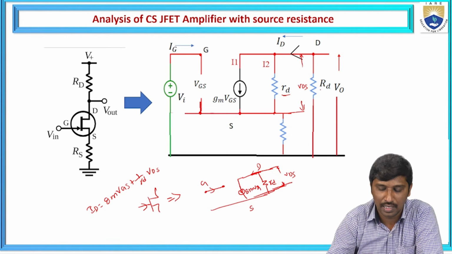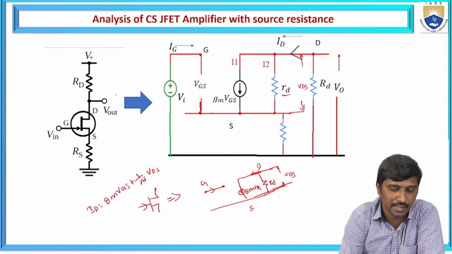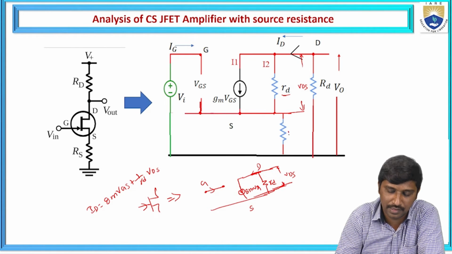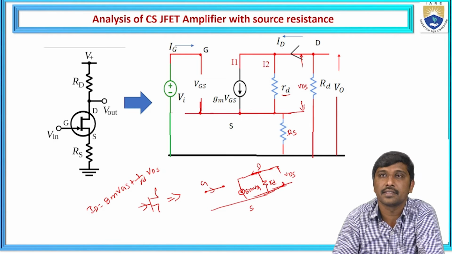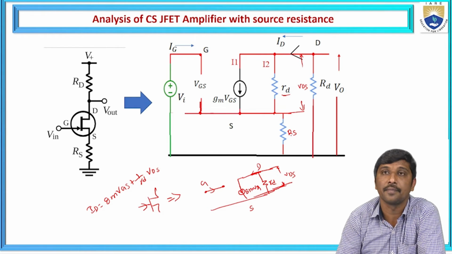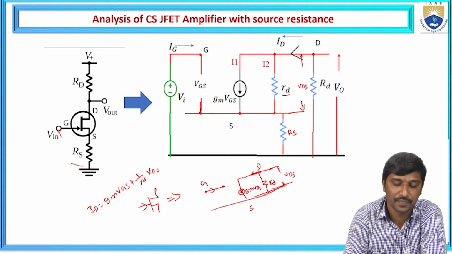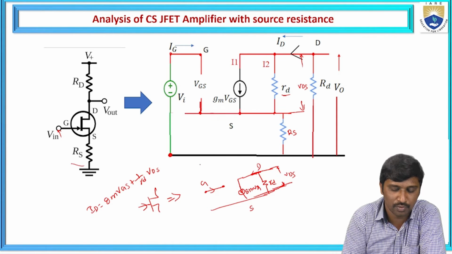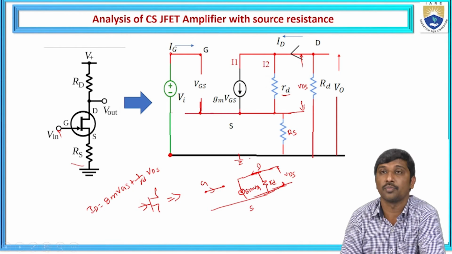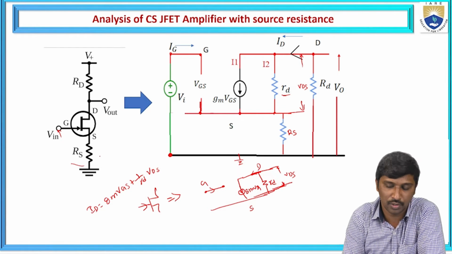Now if you observe the circuit, this is the external RD, and the source resistance RS is connected to the source terminal. Your input is applied between the gate and the source, with respect to the lower potential. Hence VI is connected between the gate terminal and this lower potential, which is ground potential, and V0 is also measured from the drain to the lower potential.